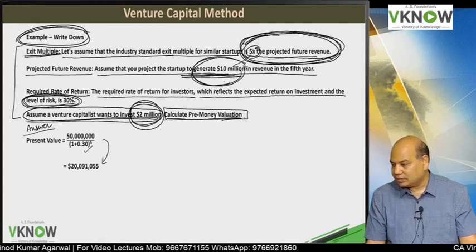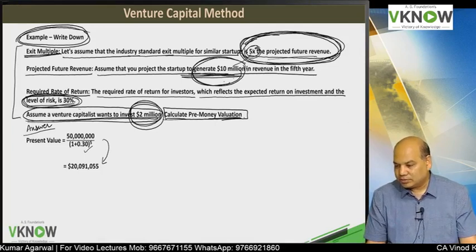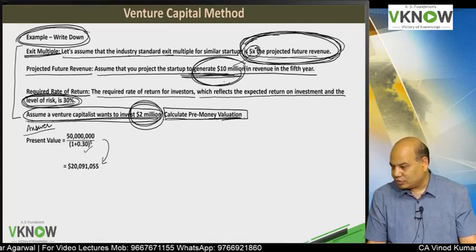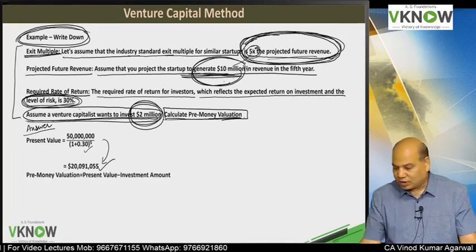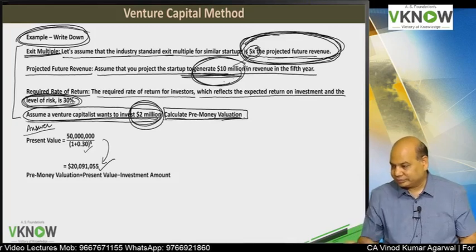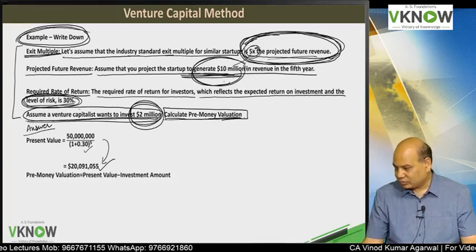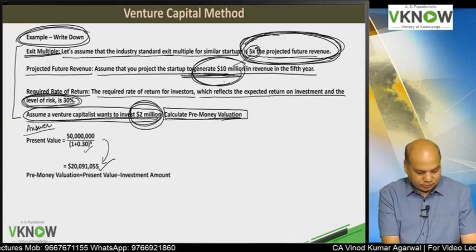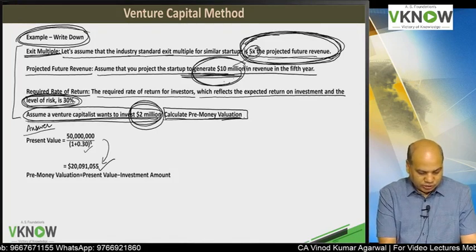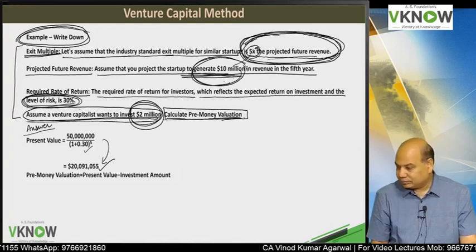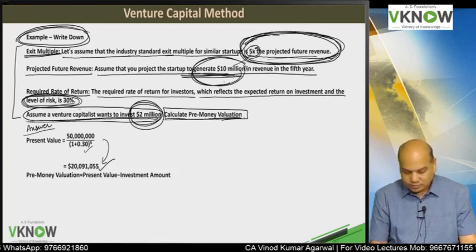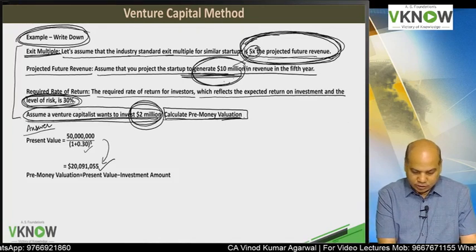Is the answer right? 20,91,055. Please answer. Is it right? Just check. I have not checked. You have to check and confirm. I am also checking. Is the answer right? I have a doubt.